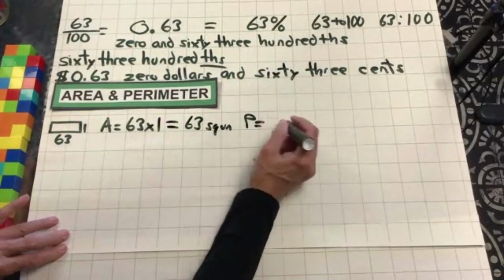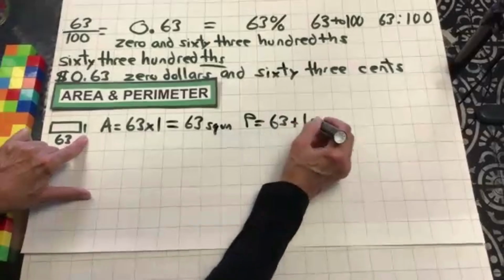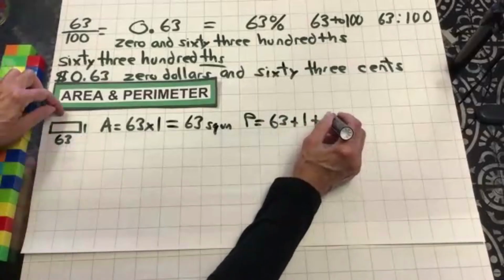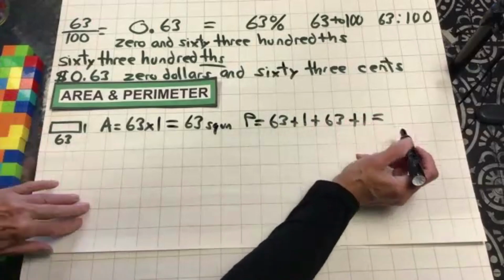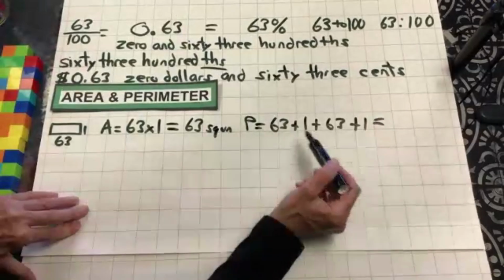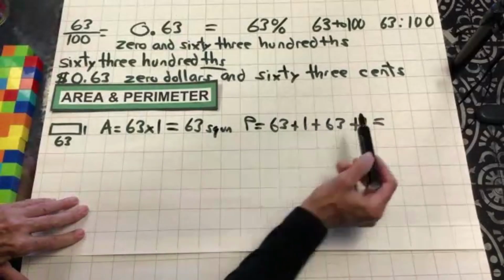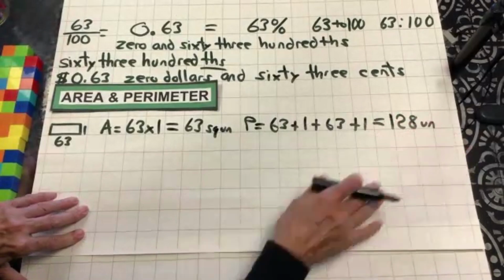Our perimeter for this shape would be 63 plus this one, plus 63 on this side, and then plus this side, which is 1. And so we know 2 63s is 126 up at the top of our paper. So 126, 127, 128, 128 units.